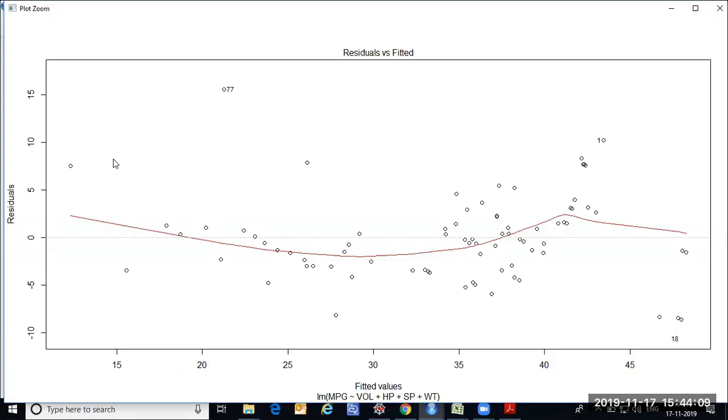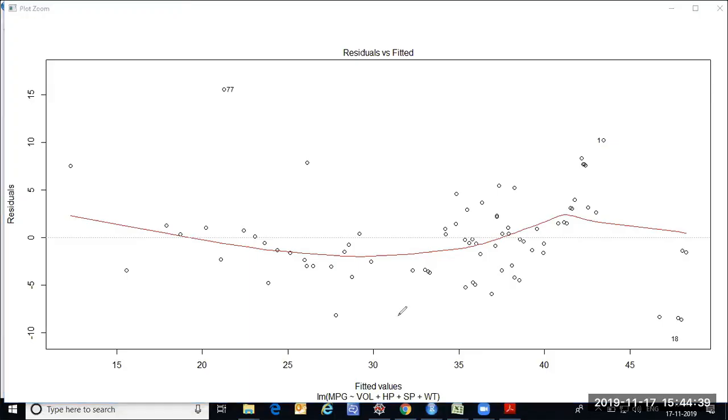This graph is about the residuals versus fitted plot. What are residuals? Nothing but errors, right? The difference between your actual values and predicted values. What are fitted values? Nothing but the predicted values, right?